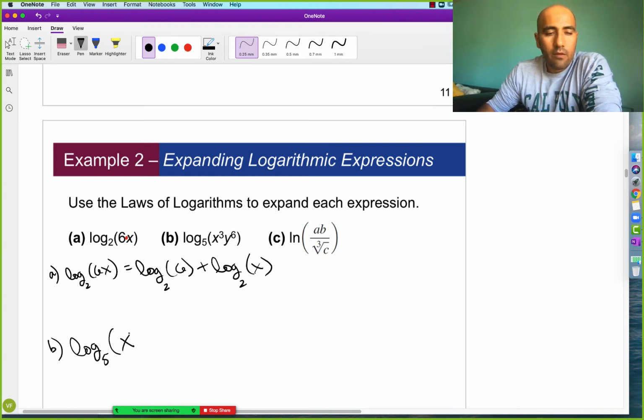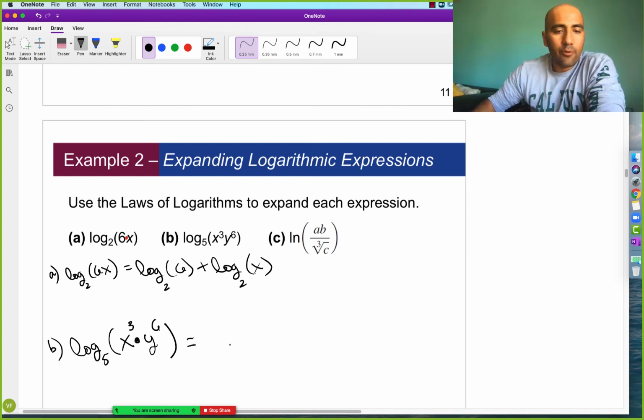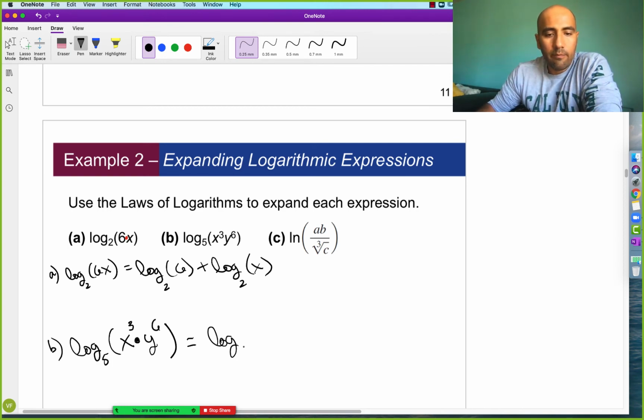For b, we have log base 5 of x to the 3rd power times y to the 6th power. So first, we have a multiplication, so we can separate that as the addition of two logs. So this would be log base 5 of x to the 3rd power plus log base 5 of y to the 6th power.